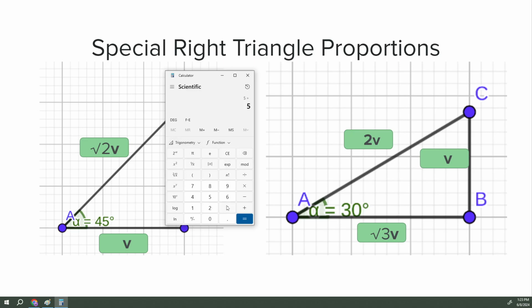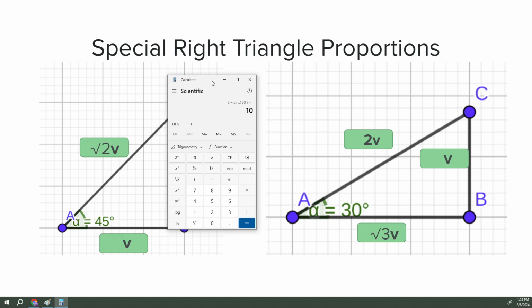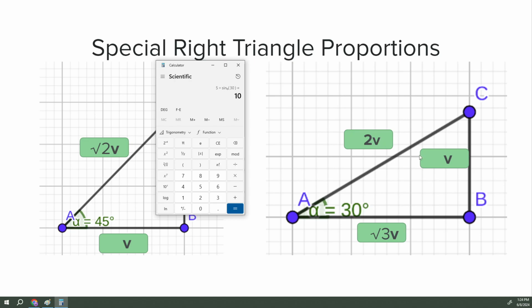Trigonometry, 30, sine. We would have gotten 10. Okay, so this part, don't worry. Di pa kayo tinuturuan. I'm just showing you that it'll be equal to twice the side opposite the 30 degrees.